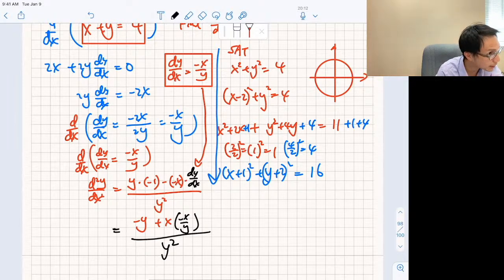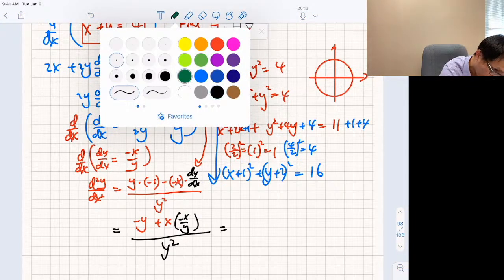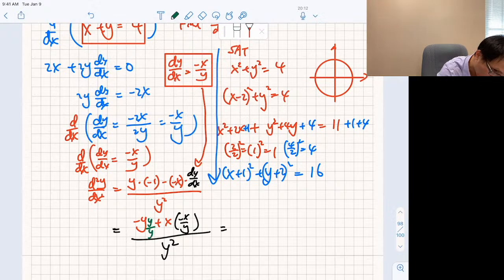Now dy/dx, we can substitute that. So that's going to give me a negative y. What happened is I need to combine fractions here, so I'm going to multiply this by y over y. Does that make sense?